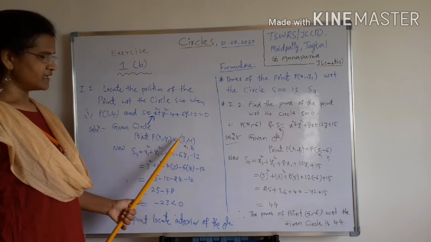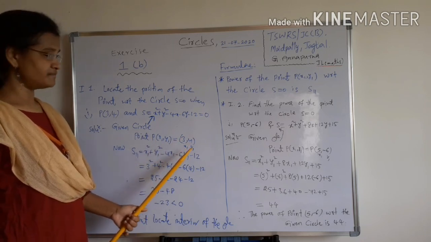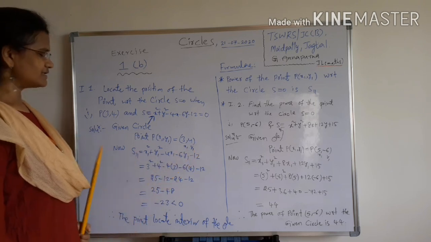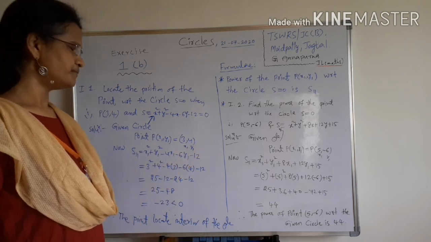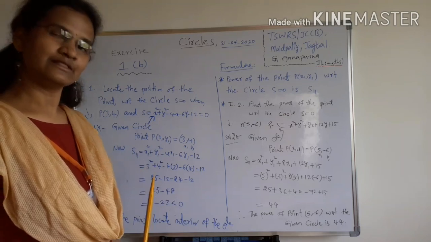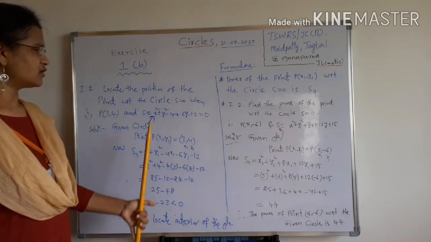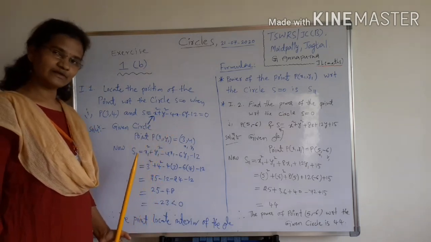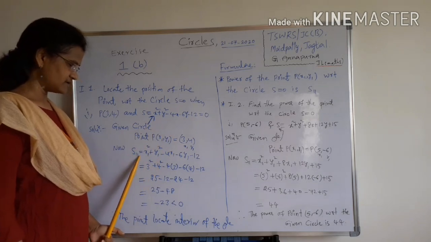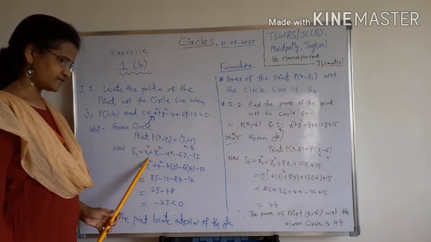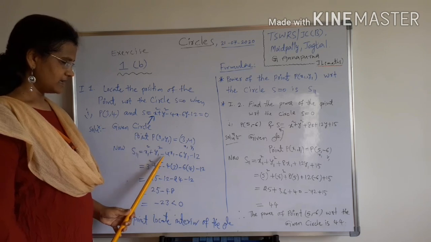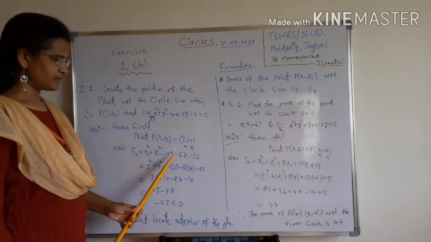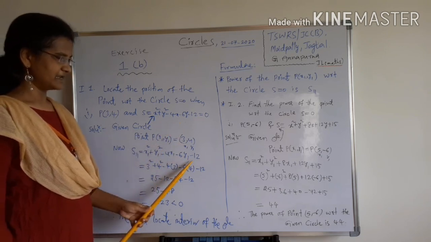That means 3 is x1, 4 is y1. So now we have to find out S11. According to the given circle, S11 is equal to x1 square plus y1 square minus 4x1 minus 6y1 minus 12.